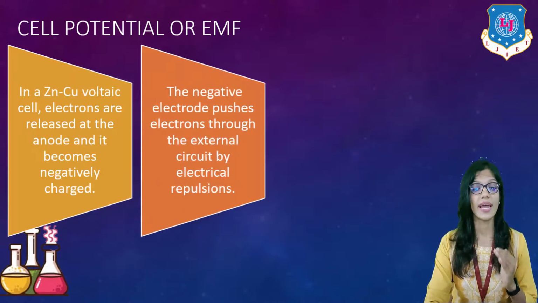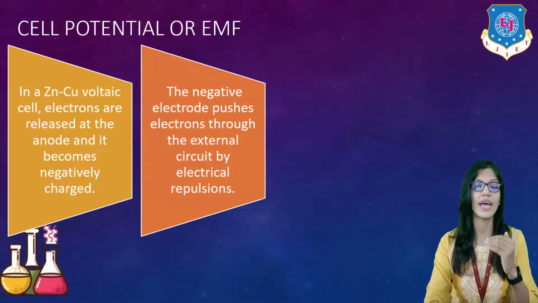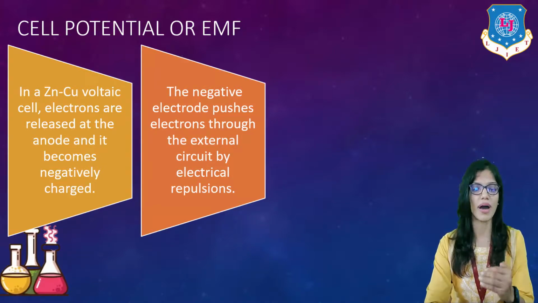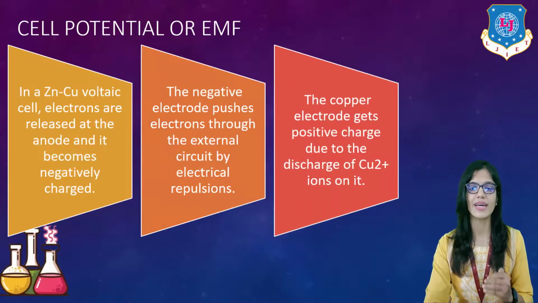Now, the negative electrode pushes the electrons through the external circuit by electrical repulsion. The copper electrode gets a positive charge due to the discharge of Cu2+ ions on it.